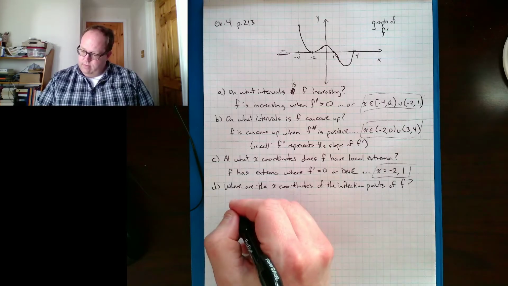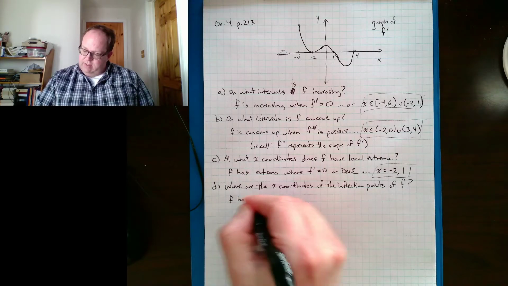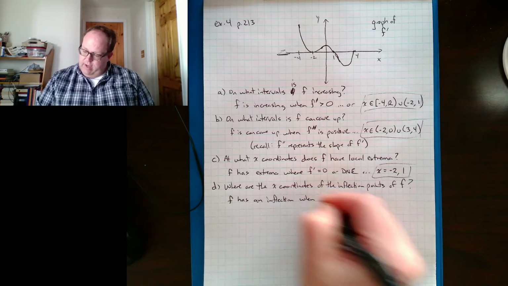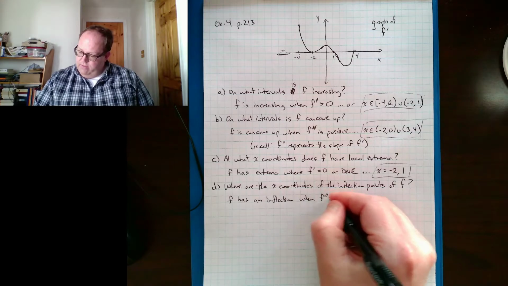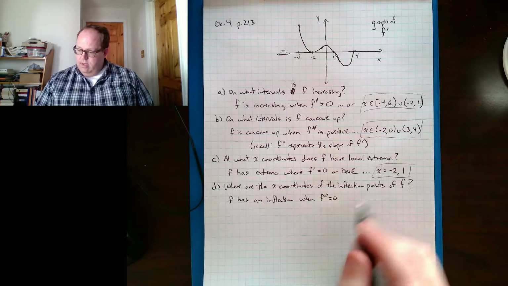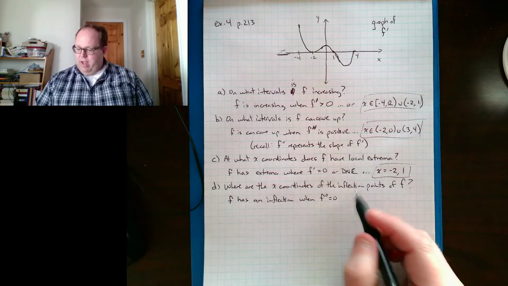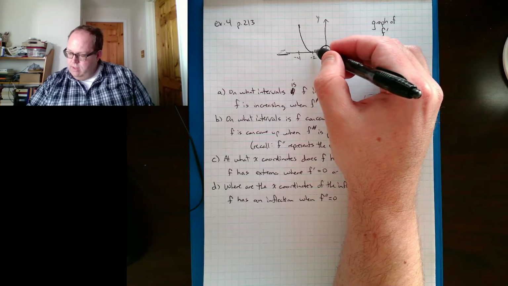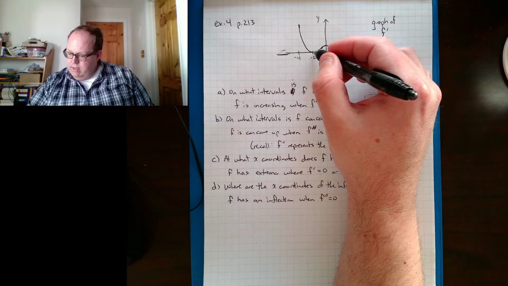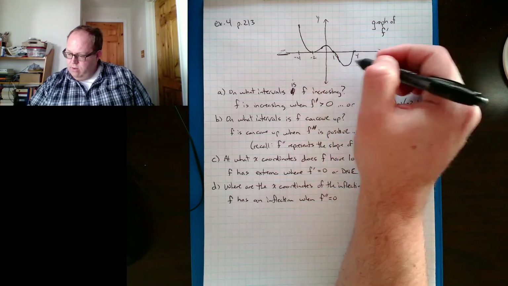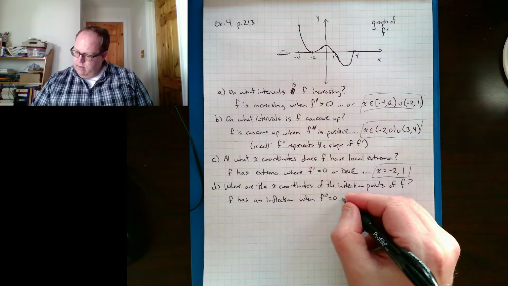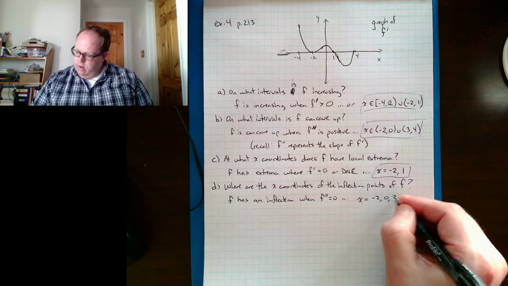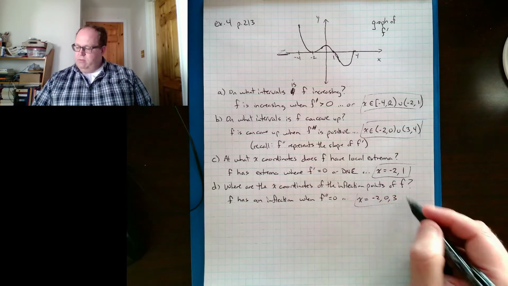So f has an inflection point when the second derivative equals 0, but recall that represents the slope of f prime. So where is the slope of this graph equal to 0? It is equal to 0 at -2, and at 0, and at 3. So that's where the inflection points should be.